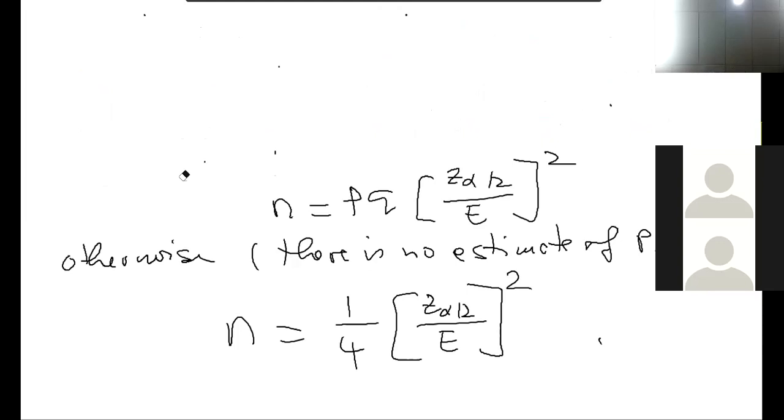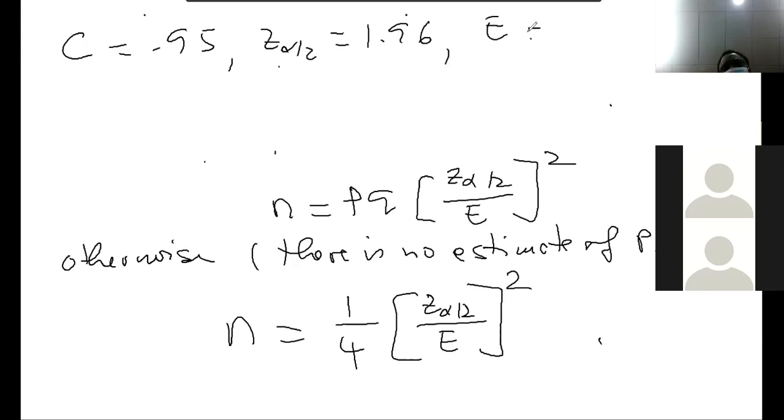He may never know. So we have C equals 95%, Z alpha over 2 is 1.96, and E equals 0.01.